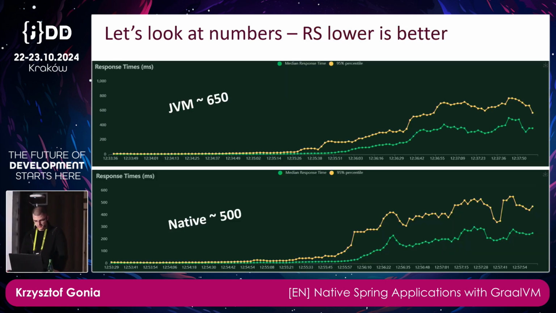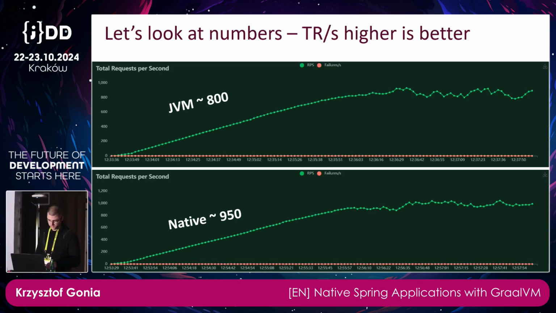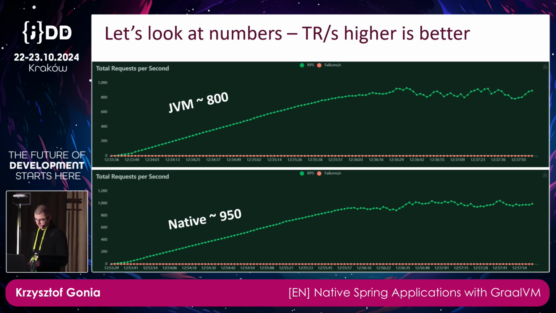And here are the response times. So the green one is the median response, and the yellow one is the 95th percentile time. So we can see the native is even faster here, and native also has higher total requests per second.